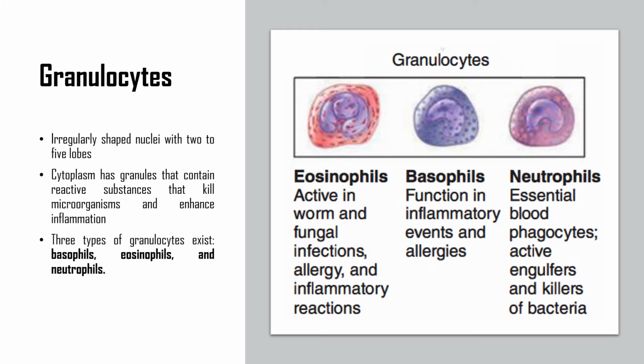Eosinophils are active in worm and fungal infection, allergy, and inflammatory reaction. Basophils function in inflammatory events and allergies, while neutrophils are essential blood phagocytes, active engulfers and killers of bacteria.